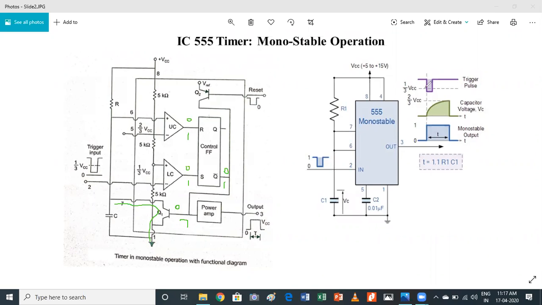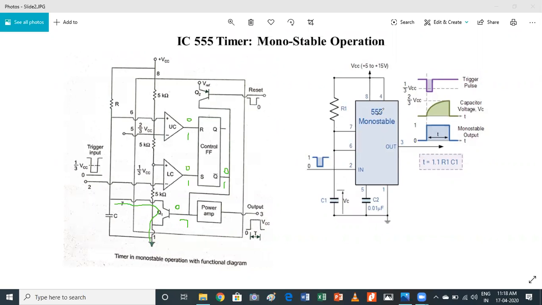Whenever we apply a negative triggering pulse to the trigger input pin 2, the output goes from stable state to unstable state, and based on the R1 C1 value, these are the timing components.